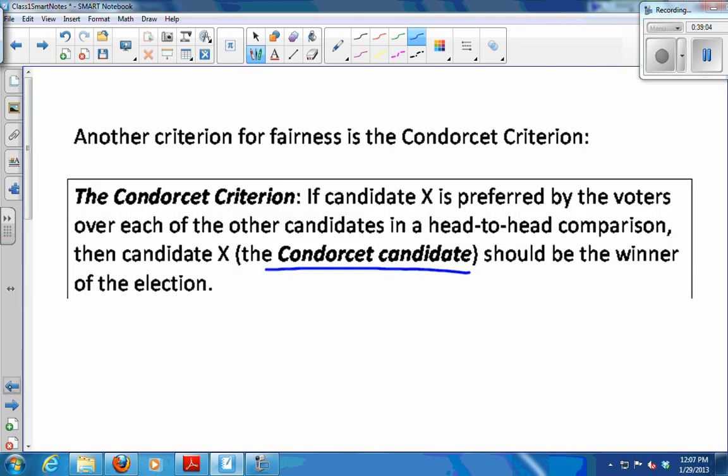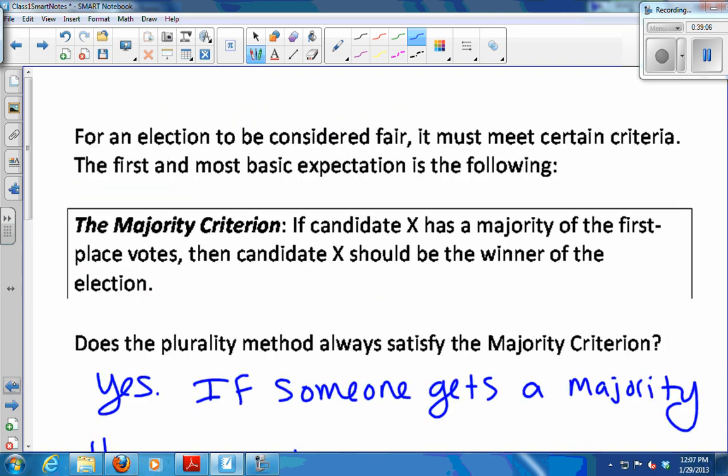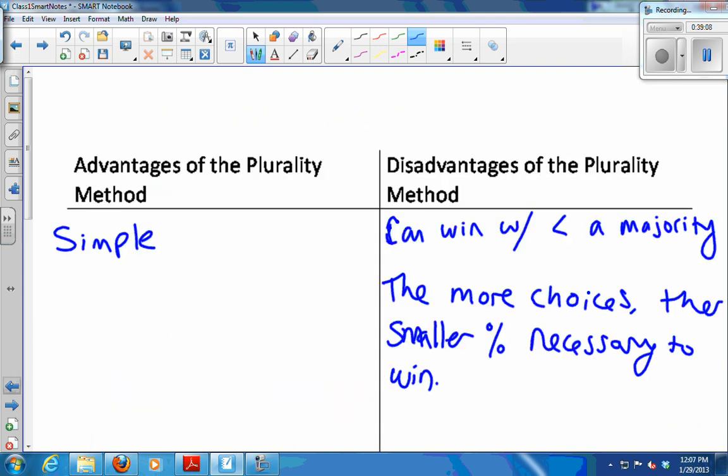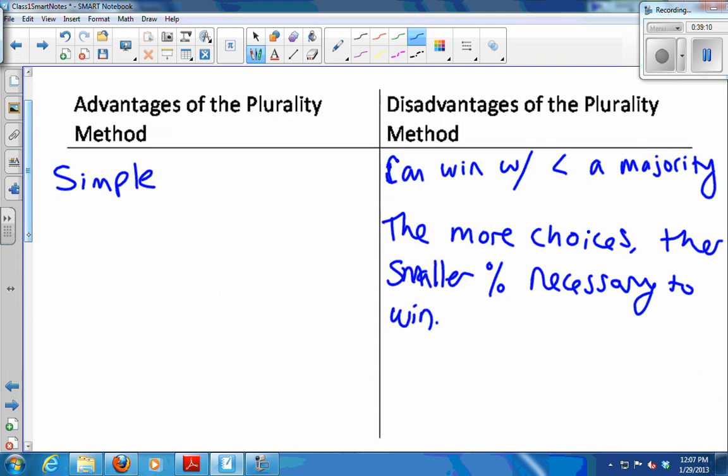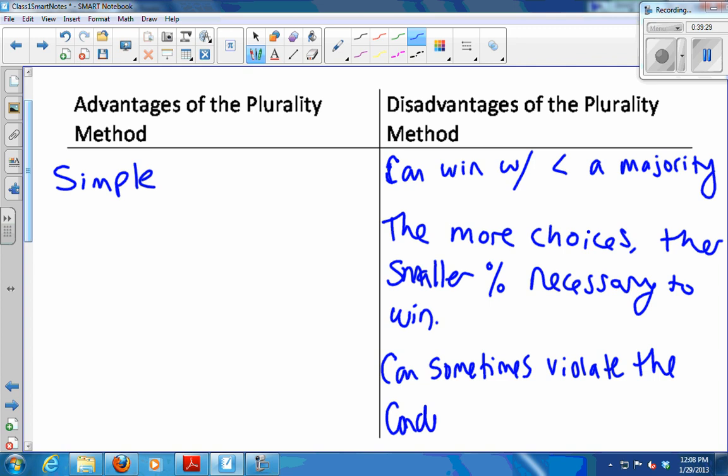So I'm going to go back to our advantages and disadvantages table. And one advantage of the plurality method, well, I'll do the disadvantage first. It can sometimes violate the Condorcet criterion.